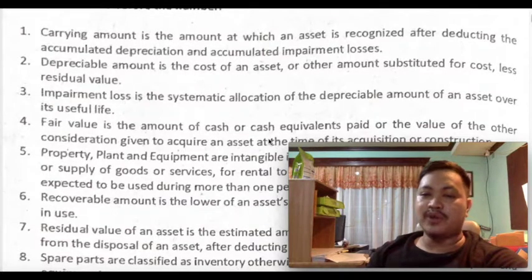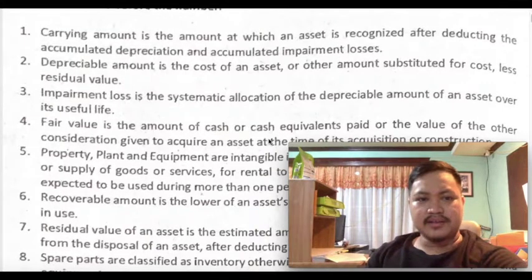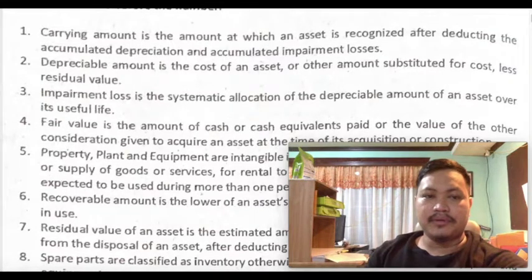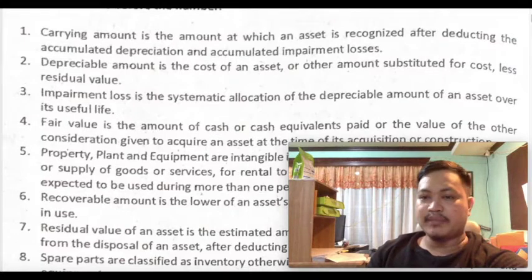And that rule also applies to property, plant, and equipment. But going back to number 3, class, definitely the systematic allocation of the depreciable amount of an asset over its useful life is not impairment loss. What number 3 is defining, class, is actually your depreciation. Depreciation is the systematic allocation of the depreciable amount of an asset over its useful life.